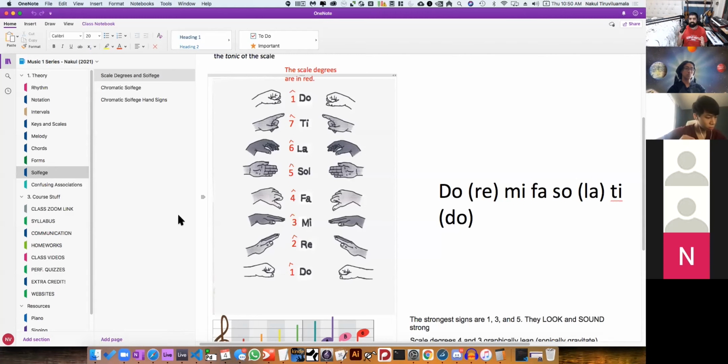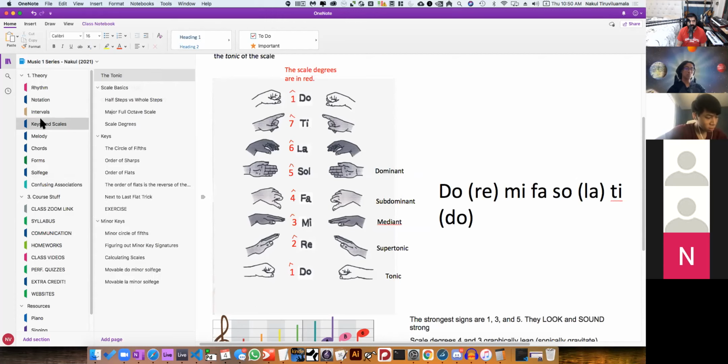So there's this idea that certain scale degrees want to go to certain places. Now you can call these scale degrees many things. You can call do the tonic, you can call re the supertonic, you can call mi the mediant, fa the subdominant. You can call sol the dominant. You can call la... I always mix these up.